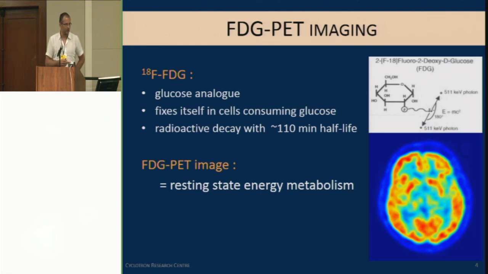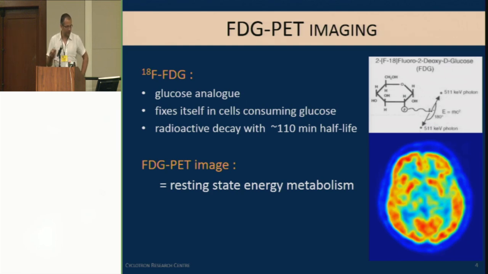It's a glucose analog. You create a molecule that looks like glucose, except that there is an 18F fluor atom that will allow you to trace this glucose molecule in the body of your subject.